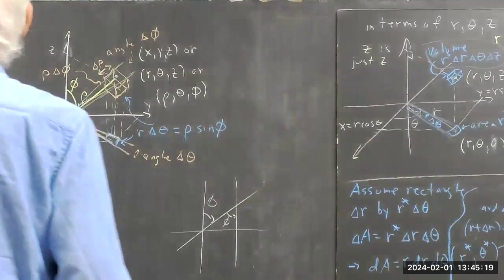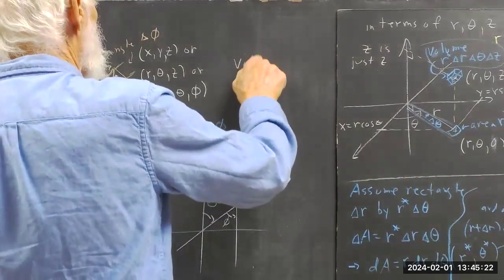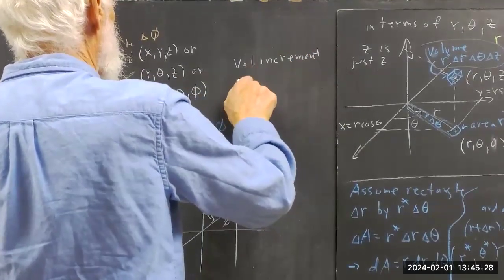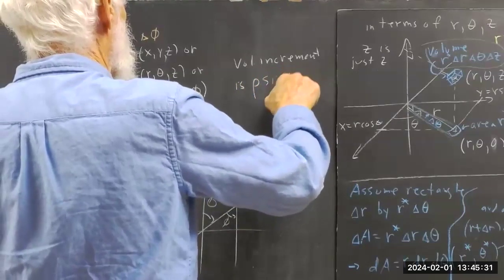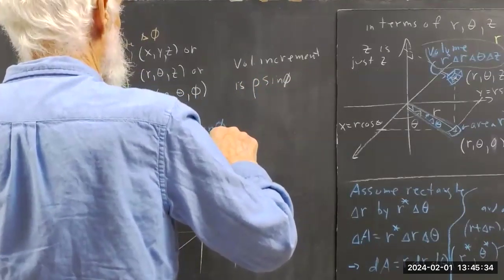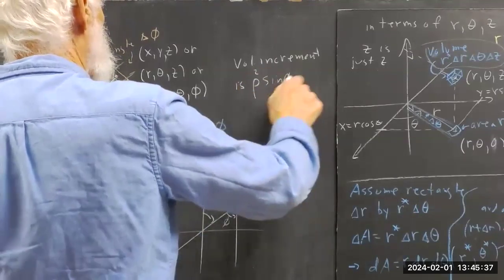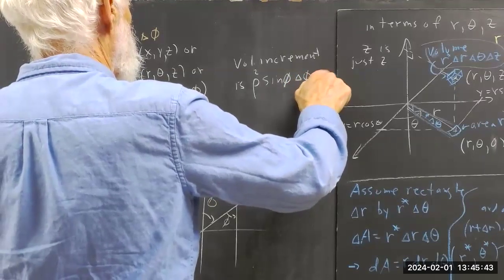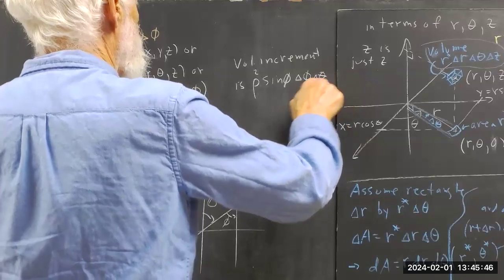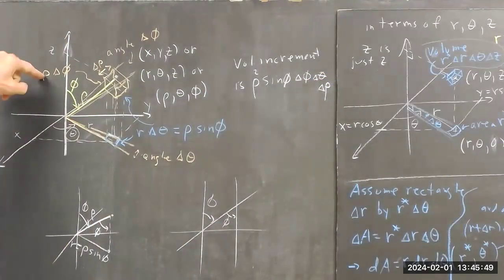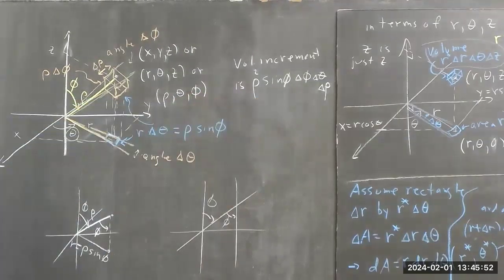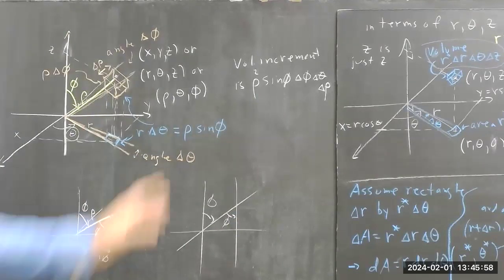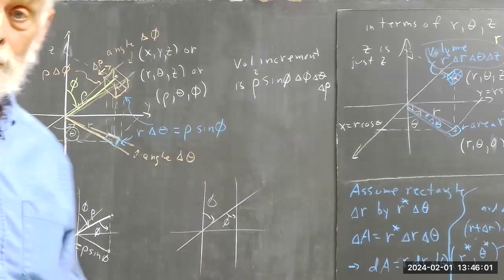So your volume increment comes out like this. You've got a rho from this, and you've got a rho from this, so you're going to have a rho squared. You've got a sine phi from this, then you just have a delta rho up here. Put those together, there's your volume increment for spherical coordinates.